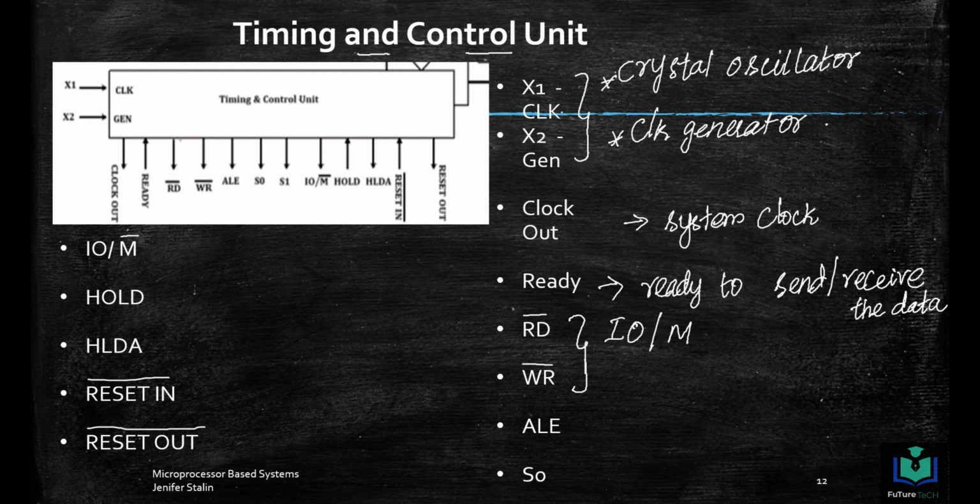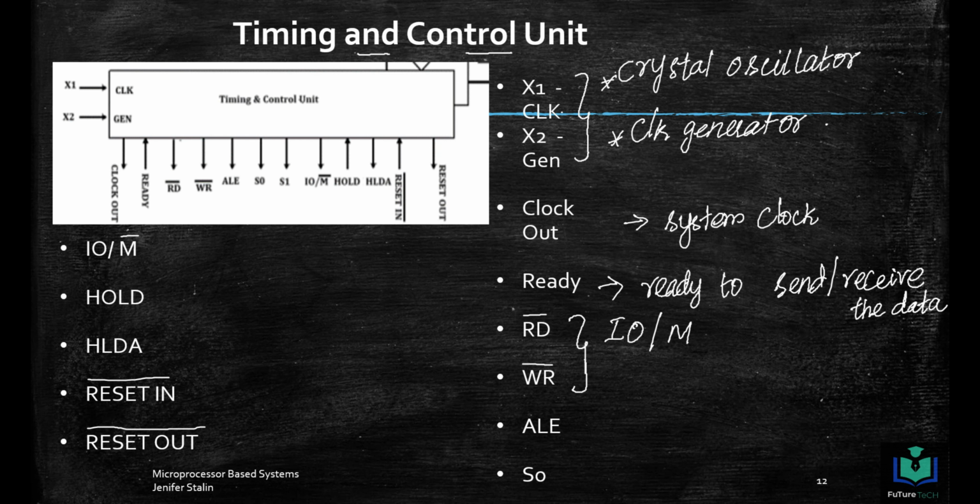If the signal is low, it is working for the IO or memory device. If the signal is high, it is working for the microprocessor. So RD is used to read and WR is used to write.